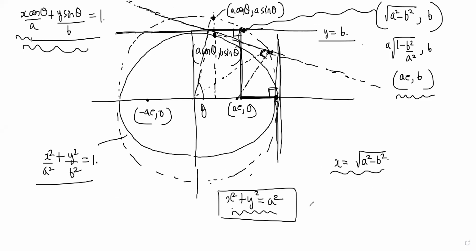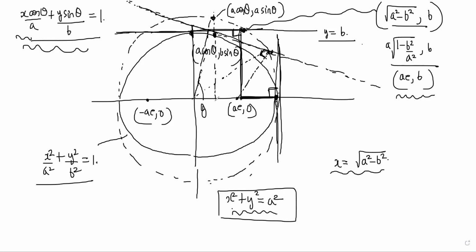But apparently this is true, and in one case it is obvious. This is not a trivial case like this one. We are drawing a tangent at the topmost point, and that is intersecting it at this point, which is a comma b, which when you join it to the focus, is perpendicular here, 90-degree.